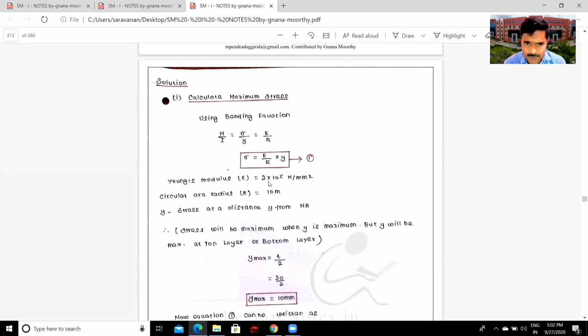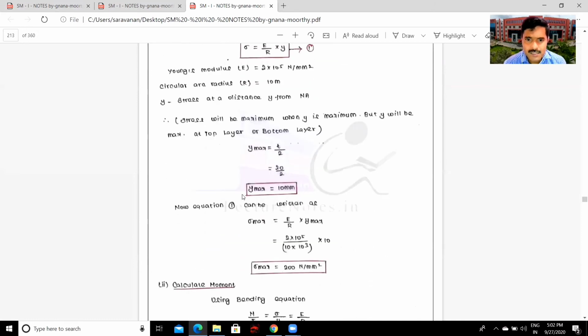This is equation 1. Now Young's modulus E is equal to 2 into 10 power 5 Newton per mm² given in the problem. So E value you know, and radius given in the problem, R 10 meter, you know. And y, the distance from the neutral axis, y maximum is nothing but t by 2. The stress will be maximum when y is maximum, isn't it?